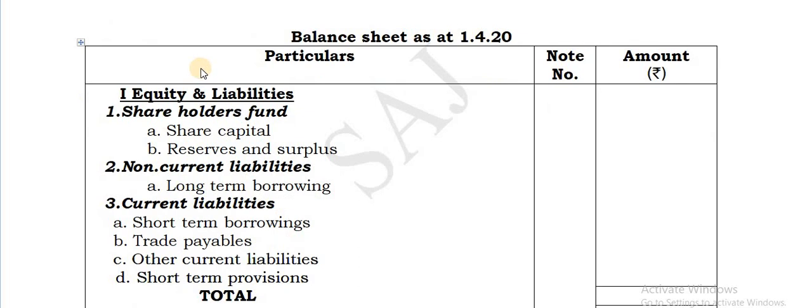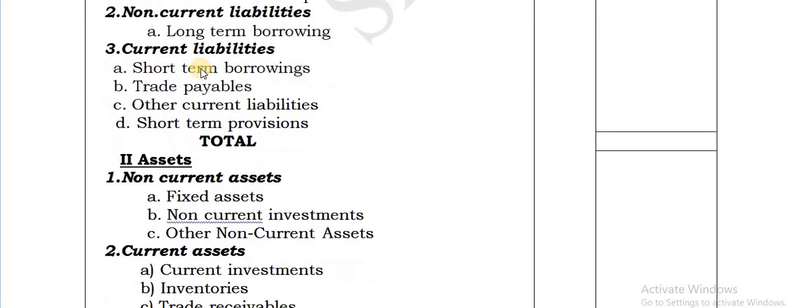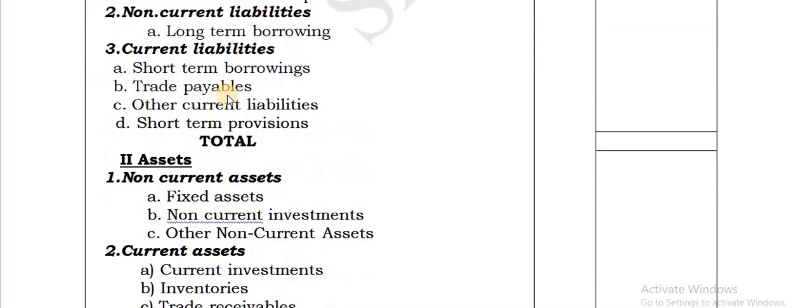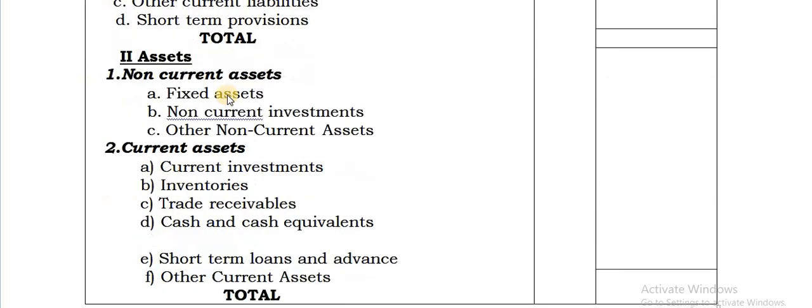You can try completing. So next, after completing the format, I told you here under cash and cash equivalents, always there will be some adjustment. So better to give one line space there.